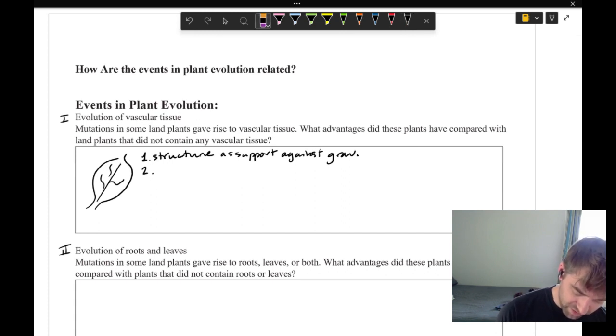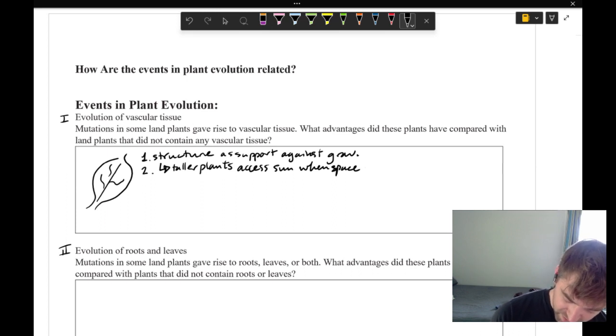So that structure, I'll just do this as an arrow, that structure leads to taller plants. Access sun when space is limited. And I'm going to write here new niche.